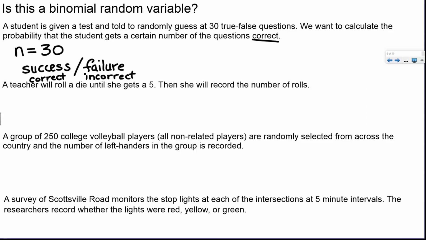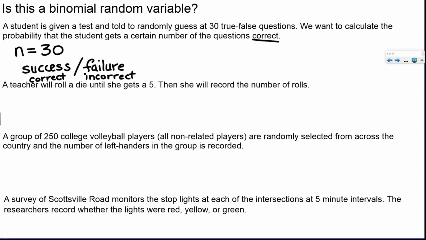Then we just have to make sure that everything would be independent, with a constant probability of success, and all that should be the case, as long as we didn't set up the test in some way, like making the first 10 questions true and the next 3 false or something. We would assume that in this one it's all independent with constant probability. So we would say, yes, this one would be binomial.